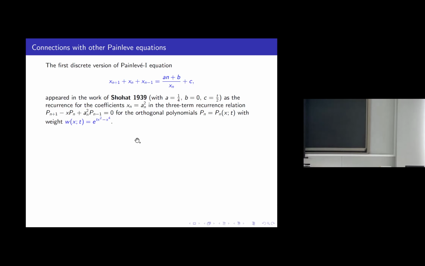And this is a kind of first discrete Painleve. I don't know how many discrete versions of Painleve-I we have, but this is probably historically the first and most significant one.